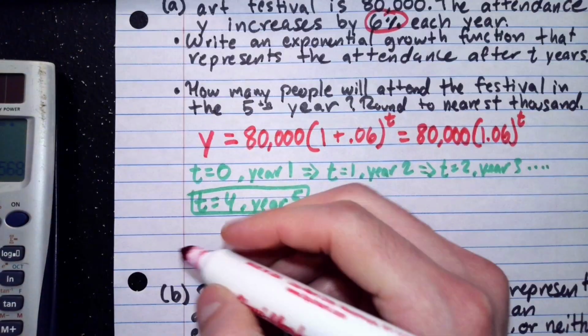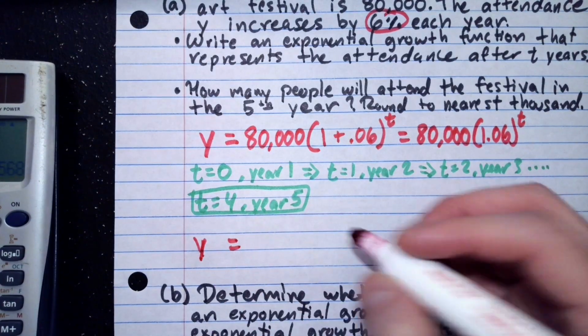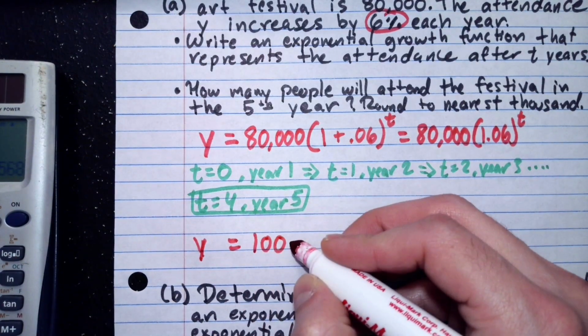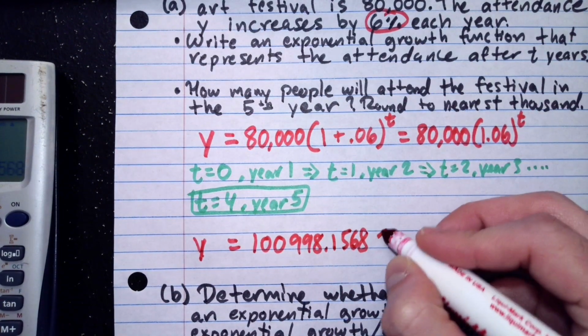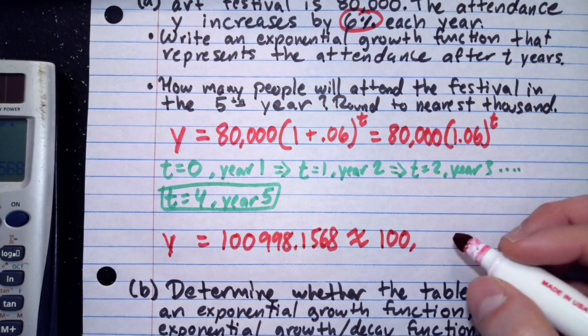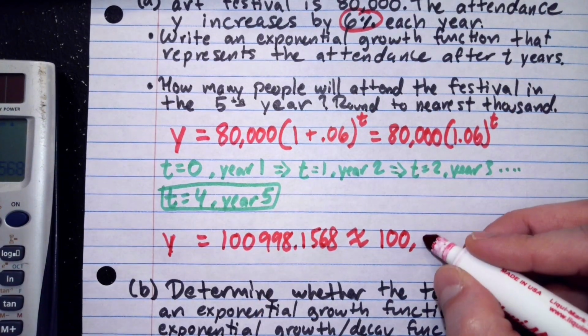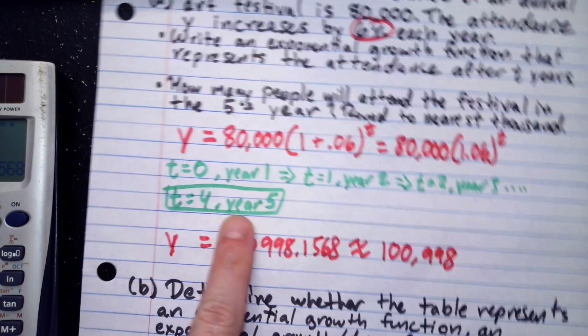So y is equal to 100,998.1568, but because they told us to round to the nearest 1,000, I'm going to leave my answer like this. So approximately 100,998 people will come to that festival in year 5.